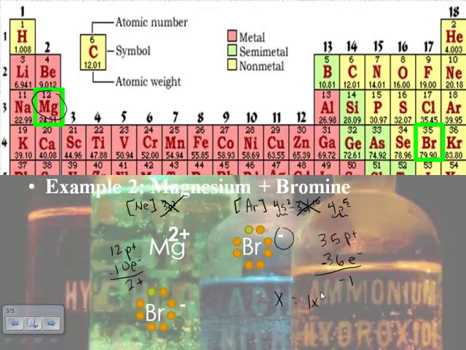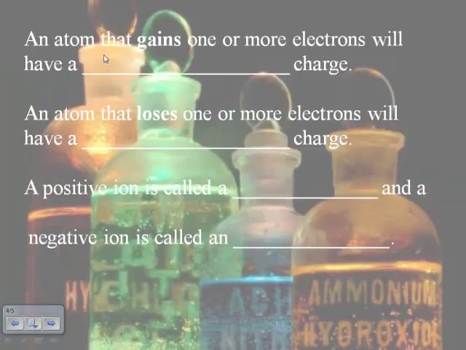Now we get to describe what happens when we gain one or more electrons. What type of charge will we have? A negative charge, because the electrons are negative. So if you have more electrons than you did before, it's a negative charge. What if you lose your negativity? You're going to have a positive charge.